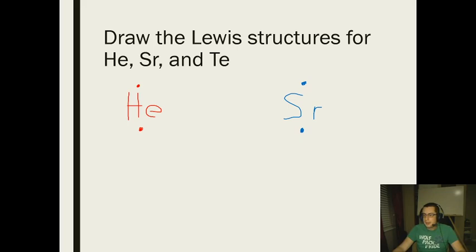Then the last one is Te, which is tellurium. Again, I'll give you a couple seconds, and I've actually got to find out on the periodic table real quick. Number 52. So tellurium, Te. Finding it on your periodic table, that's going to be number 52.